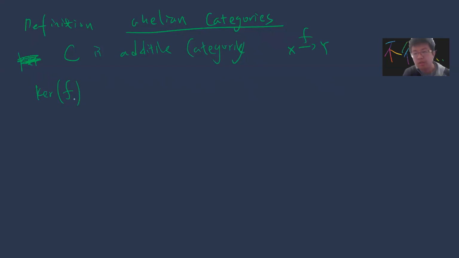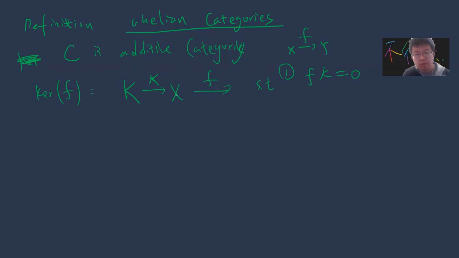I just say suppose the kernel exists, which means there's an object K, large K, with a morphism, maybe I use kappa, from large K to X, such that F composed with kappa is 0. So any kappa mapped into X and then mapped by F is 0. This is the usual definition of kernel.